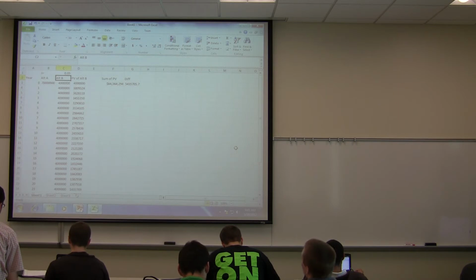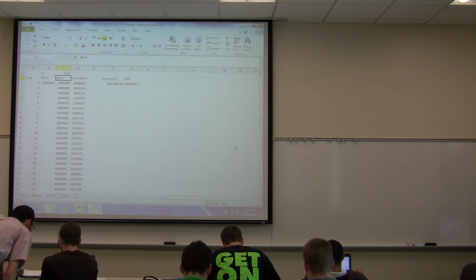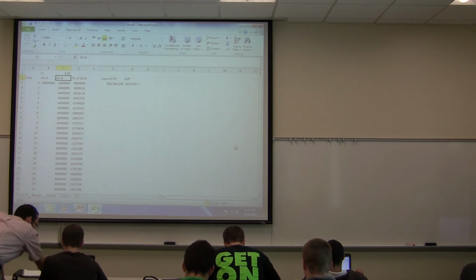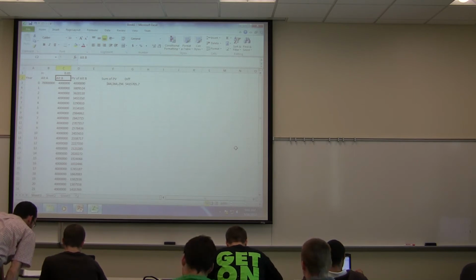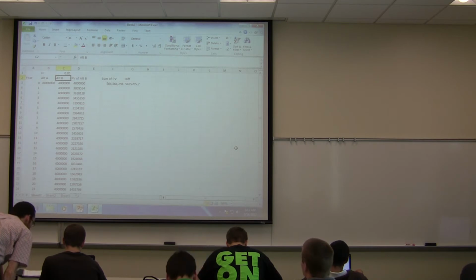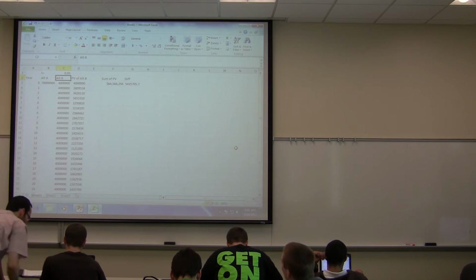You've set it up. What you need to do is add up all of those. So you want to know the sum of the present value. And change the interest rate so that the sum of the present value is equal to the 70 million.